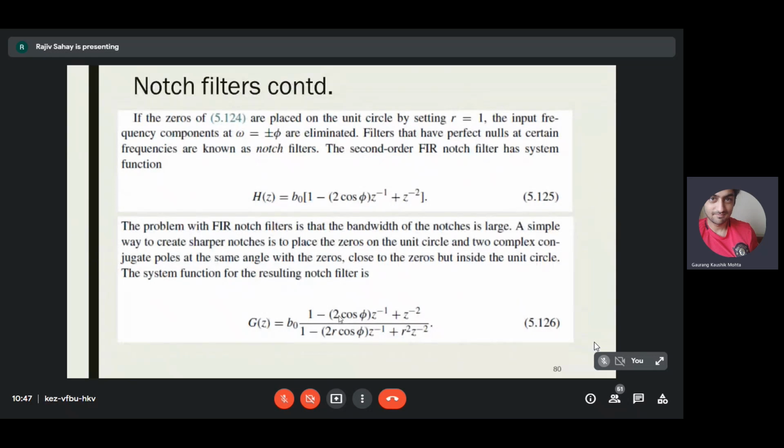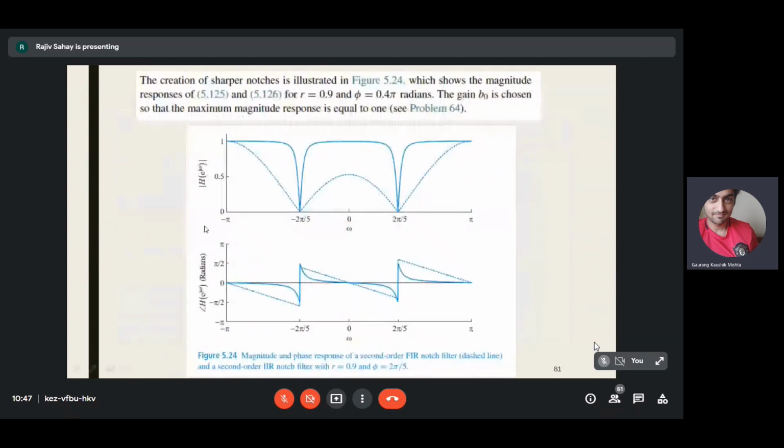So shall we do an example just to understand? We have built a second order IIR filter, which is a resonator. We have built a second order FIR notch filter, and we can combine poles and zeros to make sharper notch filters. So let us look at this particular example.